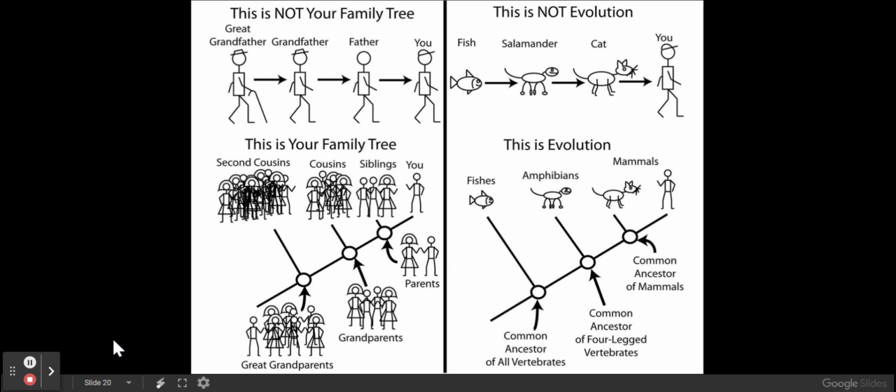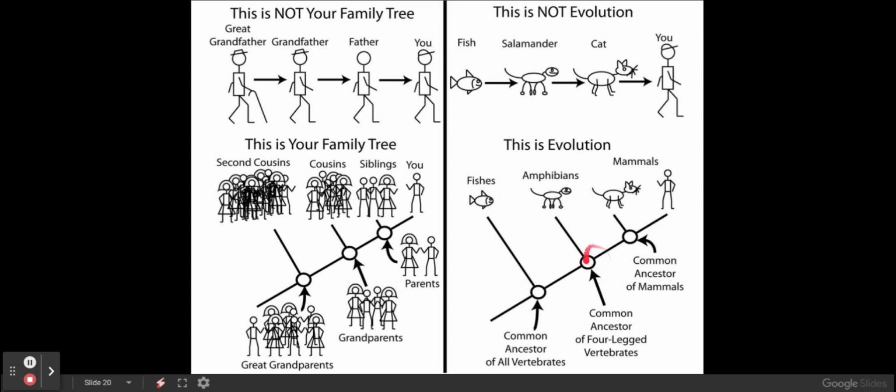These trees are there to show us that you are more closely related to your siblings than you are to your cousins because you share a recent common ancestor. Just like you are more closely related evolutionarily to a cat because you share a more recent common mammal ancestor than maybe you do to amphibians.